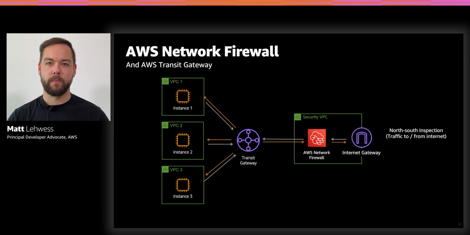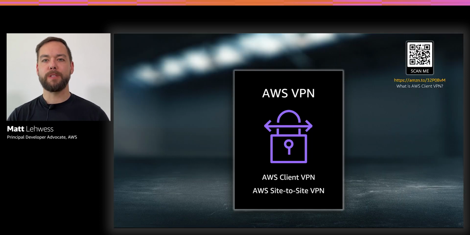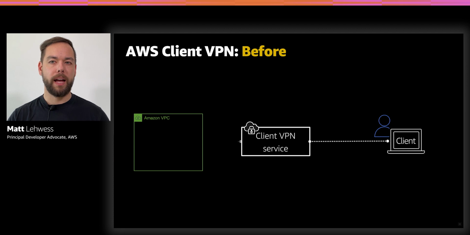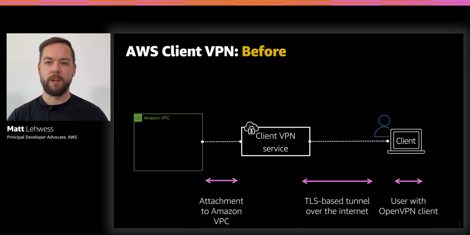All right, we move on to AWS VPN here. We start with Client VPN. We've only got a quick update for Client VPN. So basically, Client VPN, as I said, has been immensely popular in recent times. We've had a lot of customers that are really delighted by the fact that we have Client VPN as a managed service you can attach to a VPC.